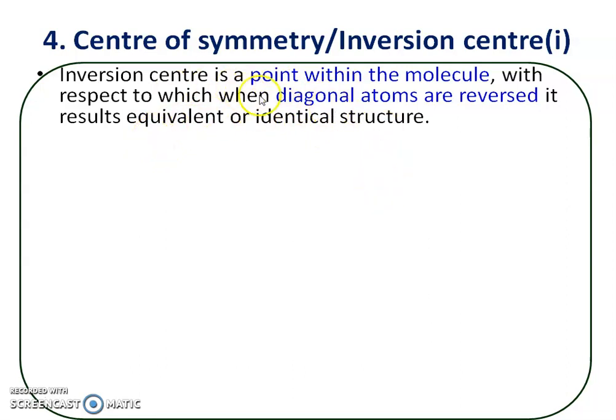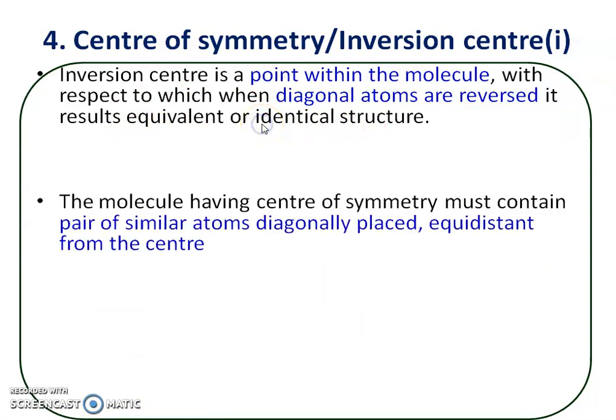So when a molecule possesses a center of symmetry, the prime requirement is that there must be an imaginary point in the molecule, and with respect to that point, when diagonal atoms, which must be similar again, are exchanged, and if there is an equivalent or identical structure, then we say that in the molecule there is a center of symmetry.